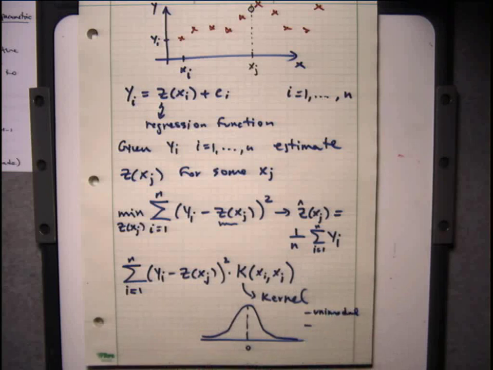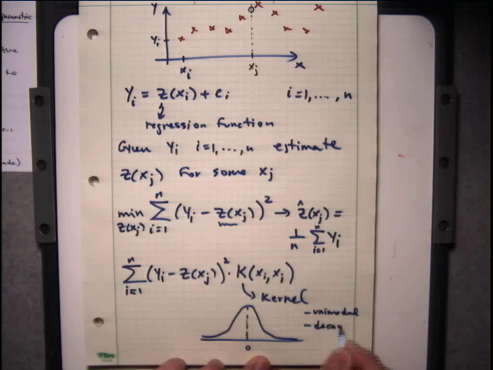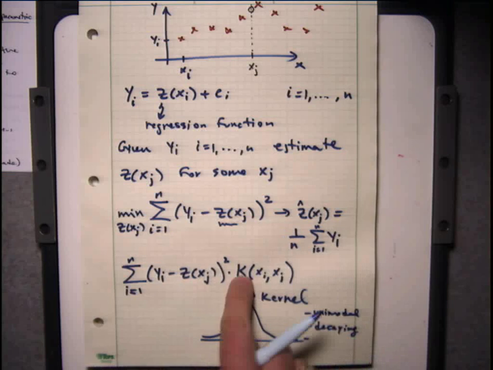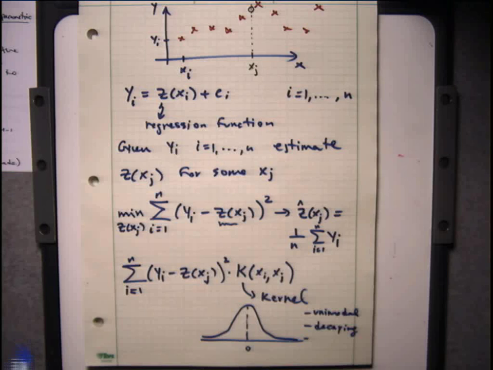Second, as you go farther and farther away, you want it to decay, right? So you want it to be decaying. And third, you probably want it to be positive, right? You don't want negative numbers necessarily directly in here, because what you're doing is you're measuring distances. Okay?